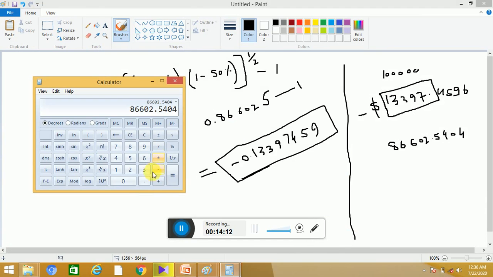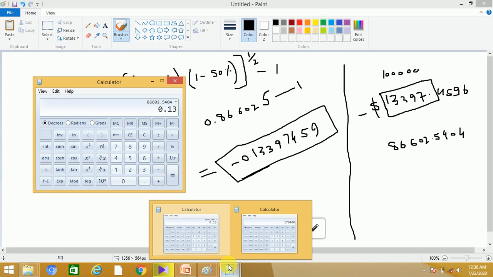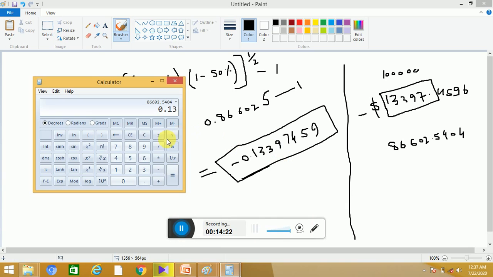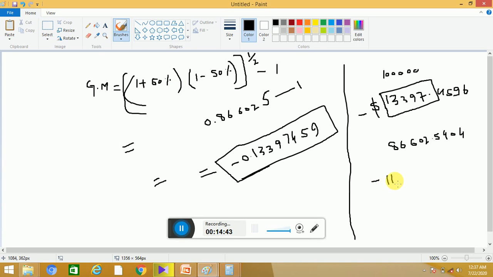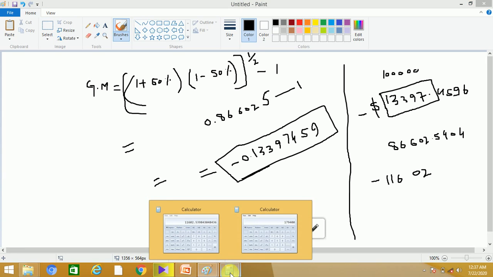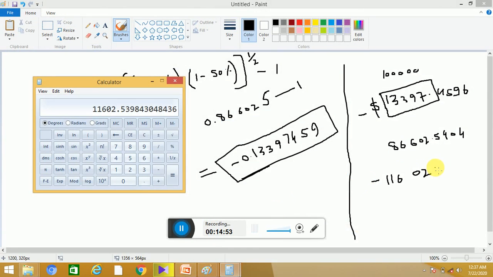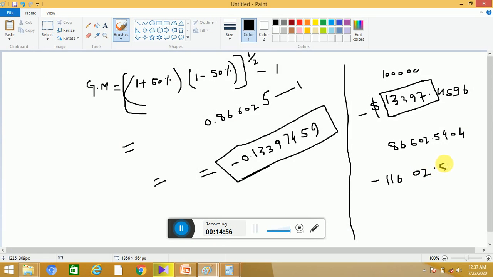On this amount there is a loss of 11,602.5398.